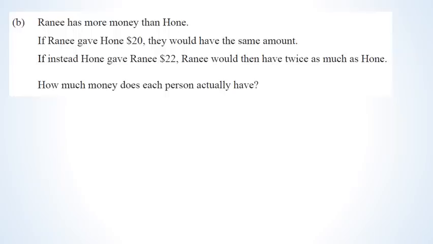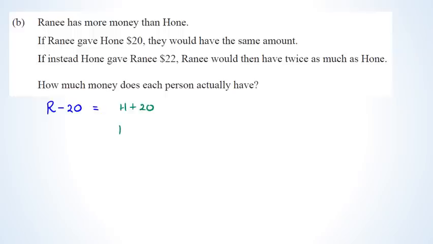Alright guys, in this question, Rani has more money than Hone. In the first line, if Rani gave Hone $20, they would have the same amount. So my first equation is like this: Rani gives $20 to Hone, which means Hone now has his money plus another $20 from Rani, and this is equal to each other.